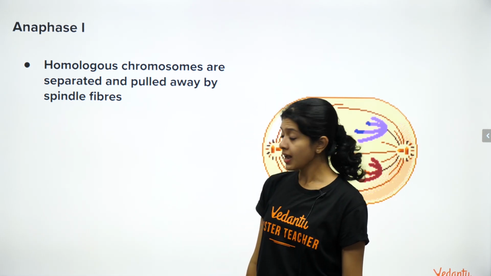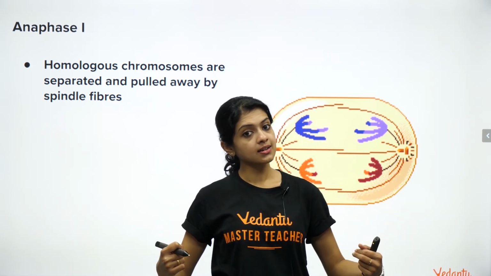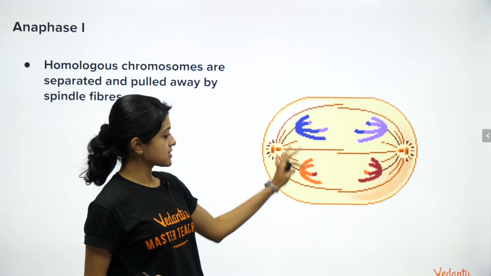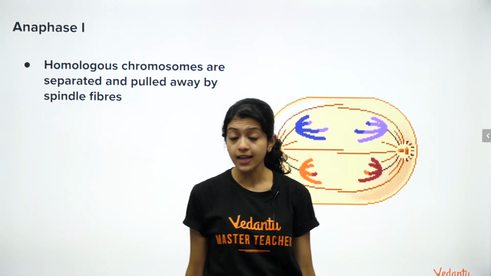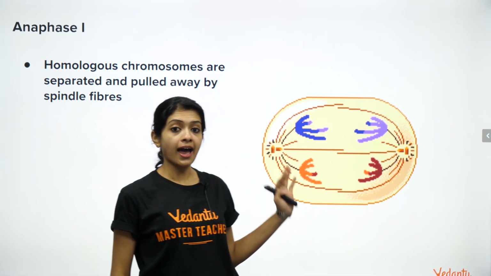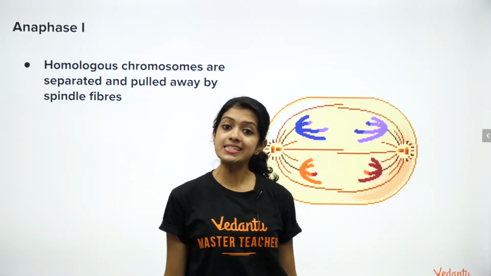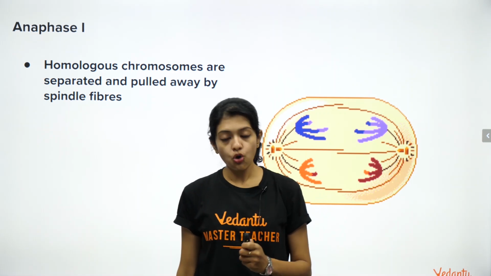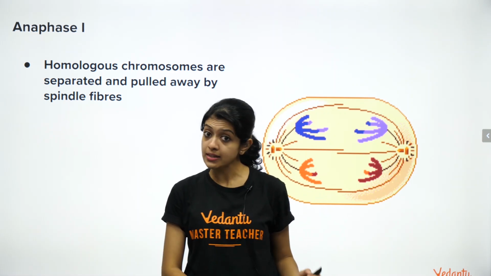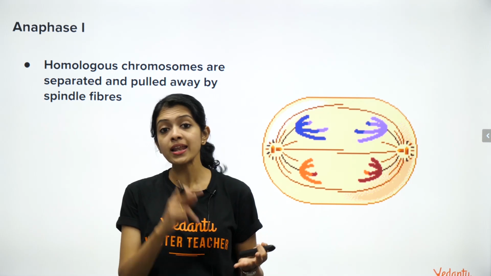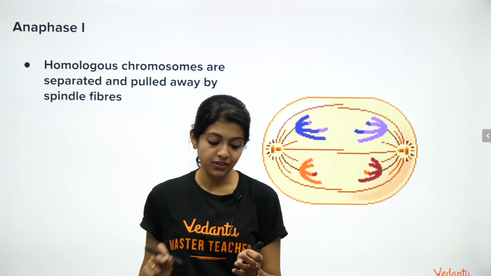And what is it that pulls them apart? It is the spindle fibers. These thread-like structures that you see are the spindle fibers which have been arranged from the centrioles. These structures are the centrioles. So we have reached anaphase 1 successfully: prophase 1, metaphase 1 and anaphase 1.